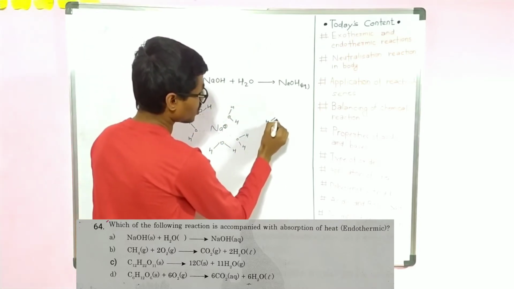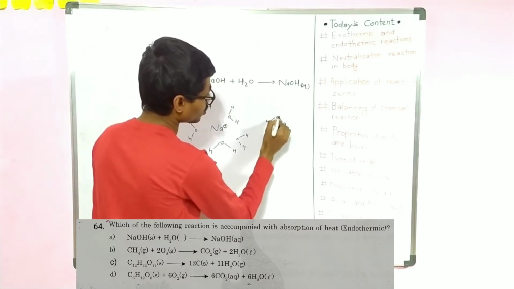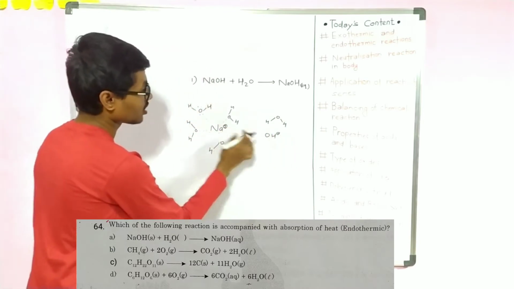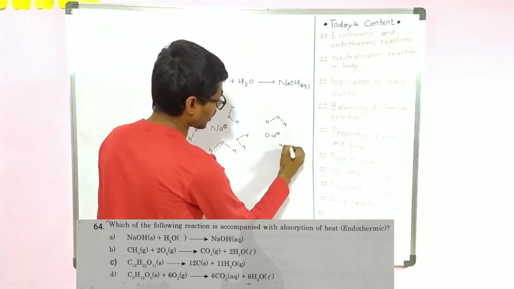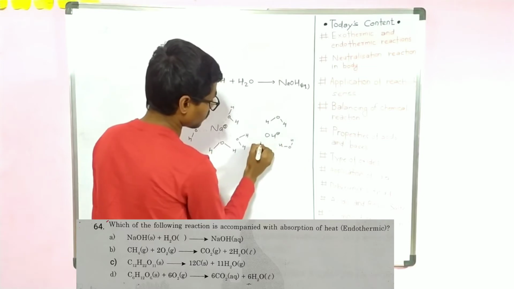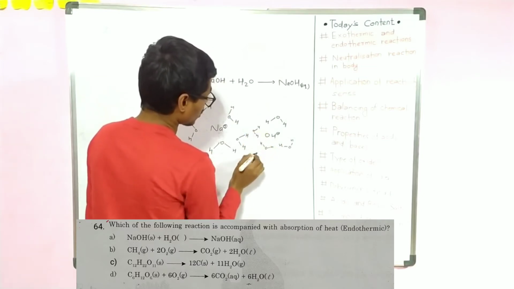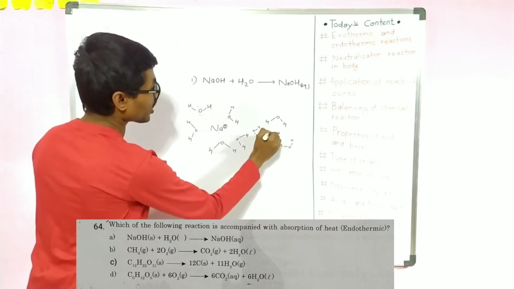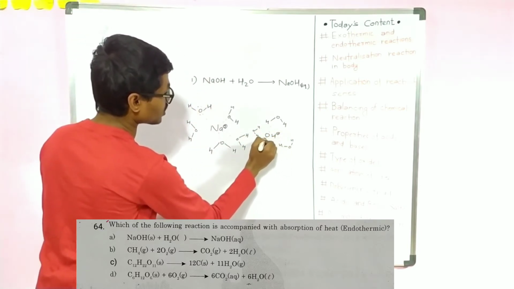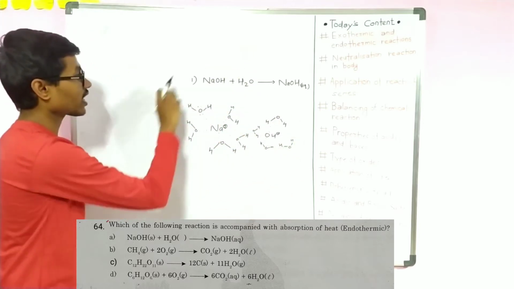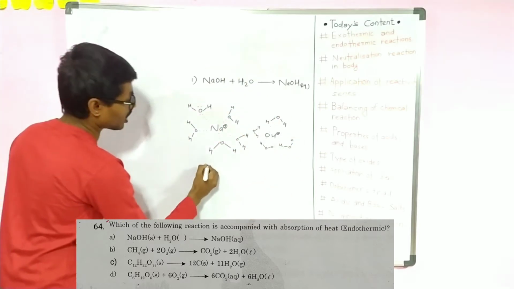Similarly here also bonds will form. Solvation of the Na plus ion and solvation of the OH minus ion will be done separately here. This solvation releases more energy, so this reaction is overall an exothermic reaction.